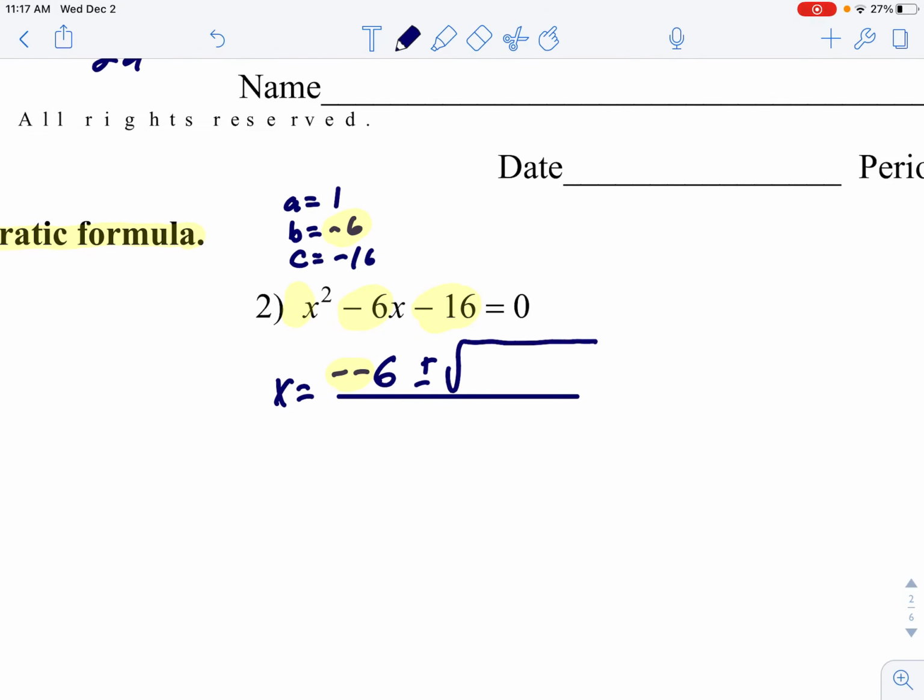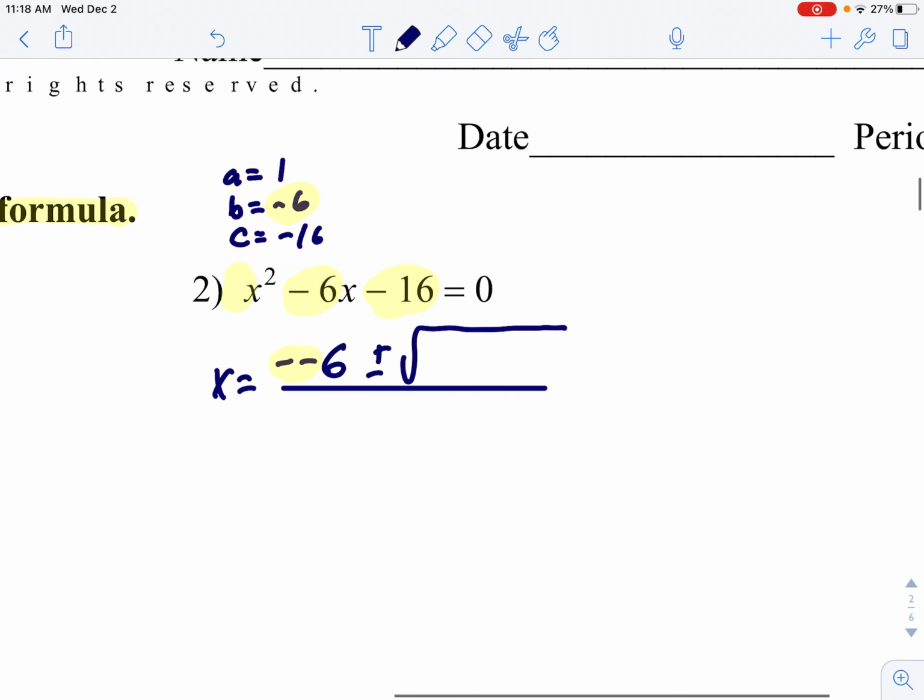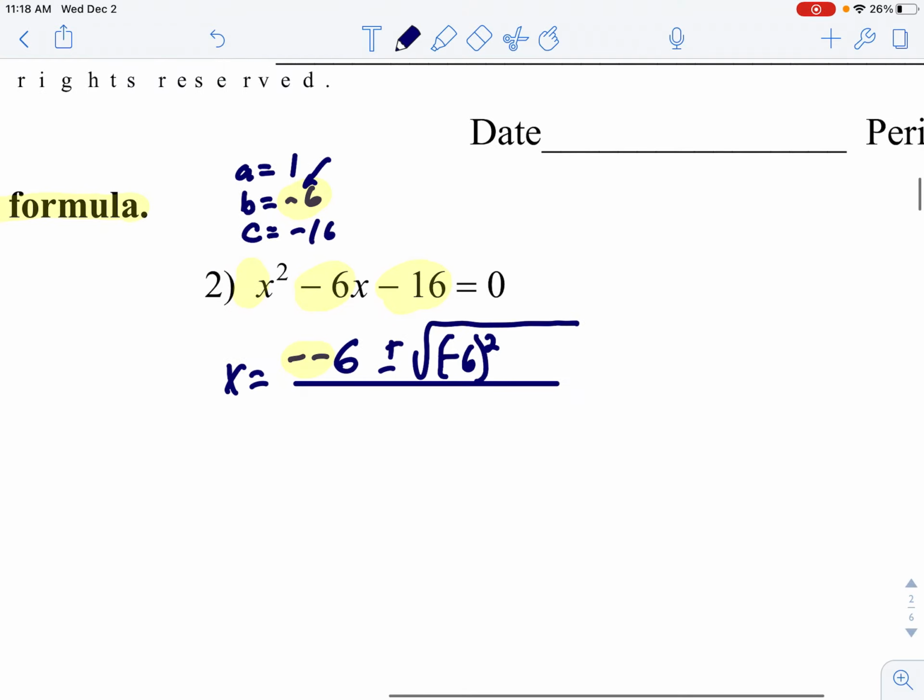All right, square root of b squared minus 4ac. Now, b squared. If you write down negative 6 squared, you will actually be making a mistake. b squared means that the whole number gets squared, not just the 6. So because b is a negative number, you have to indicate that you're squaring the negative by putting it in parentheses.